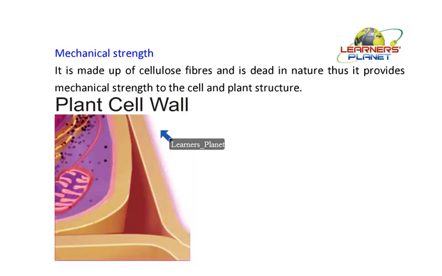Next, as it is so fibrous and dead in nature, what will happen? It will provide mechanical strength. This fibrous and dead nature is increasing the mechanical strength of the cell wall. Besides, you must have studied that in certain types of plant cells, there is deposition of other types of material also. Which type of material?